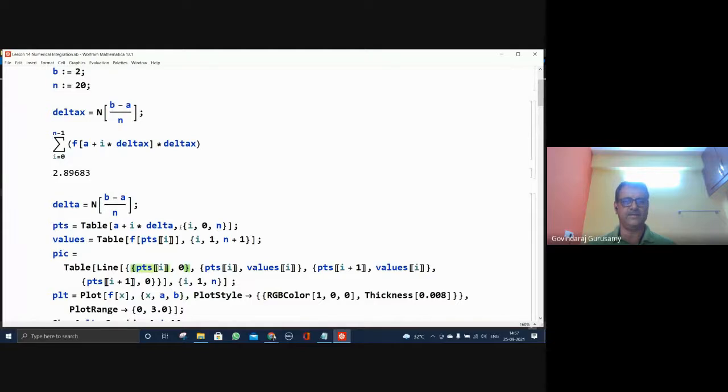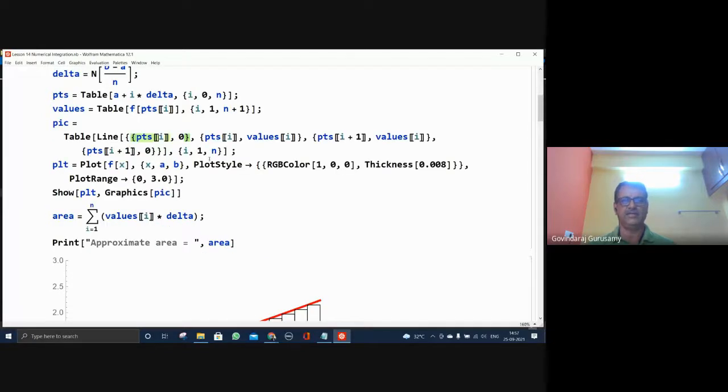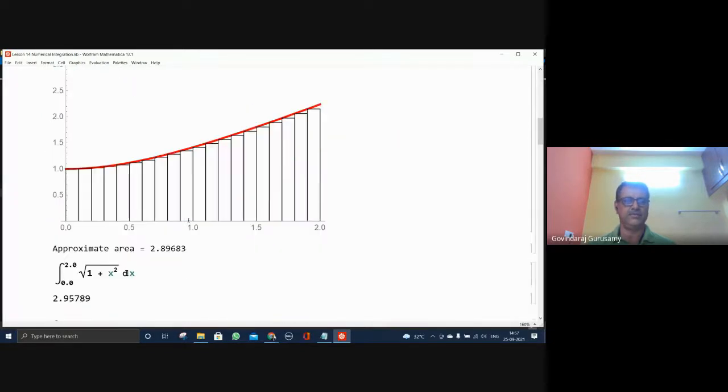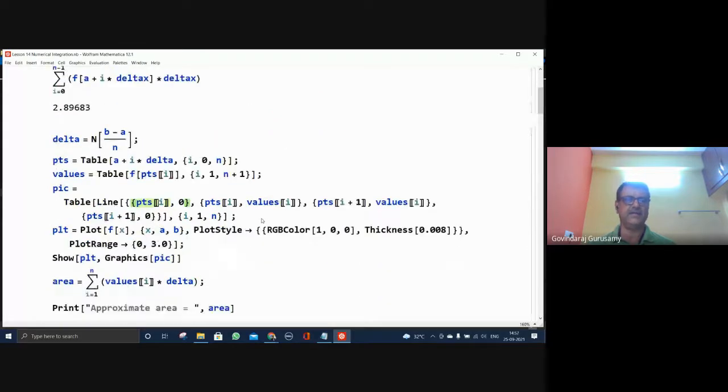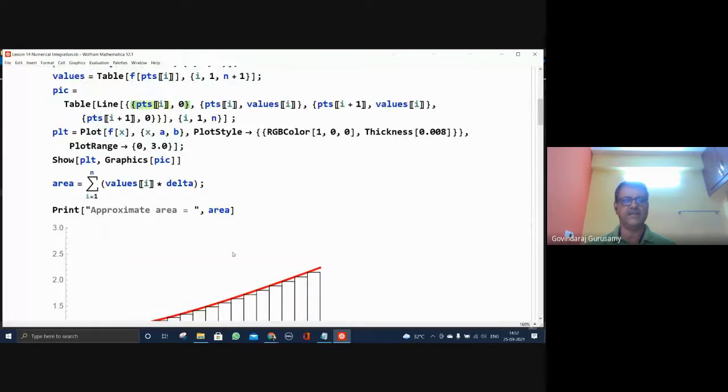So that option is available now for you to check whether n has an effect or not. Definitely n will have an effect, that can be calculated. Or the error also can be calculated. We know the calculated value and the actual value.